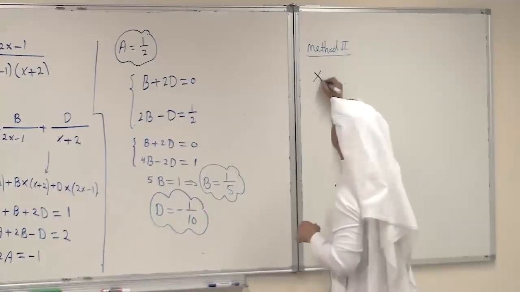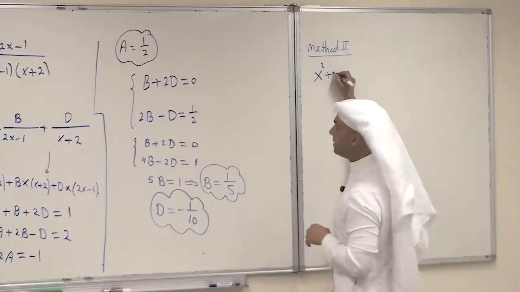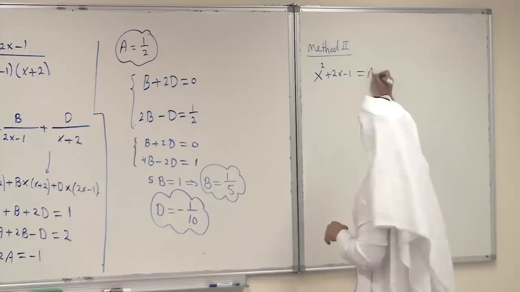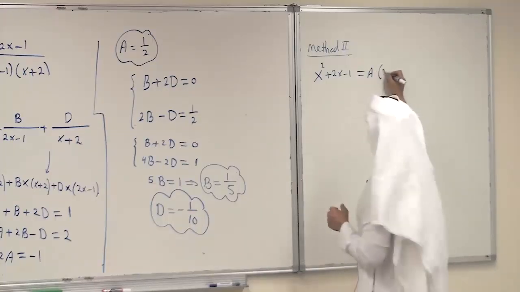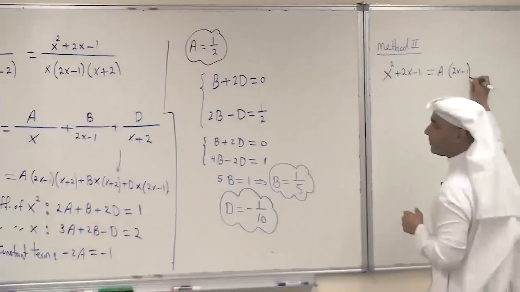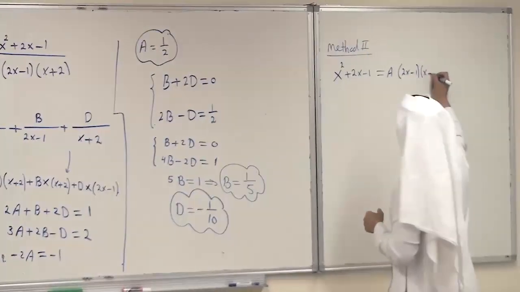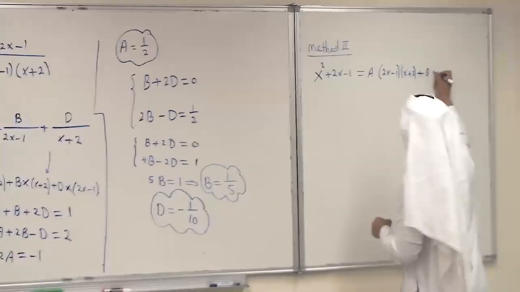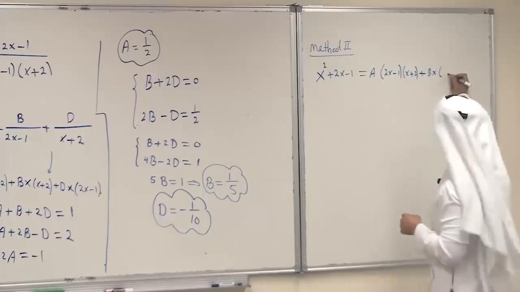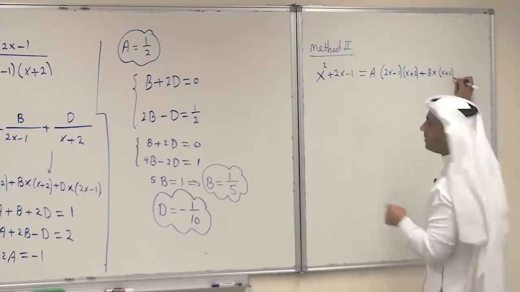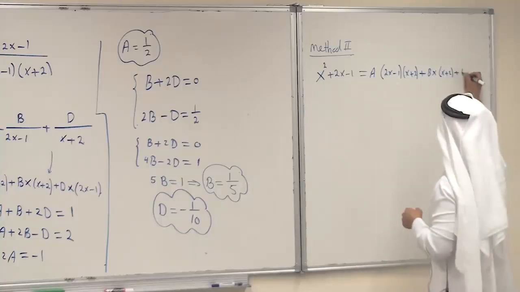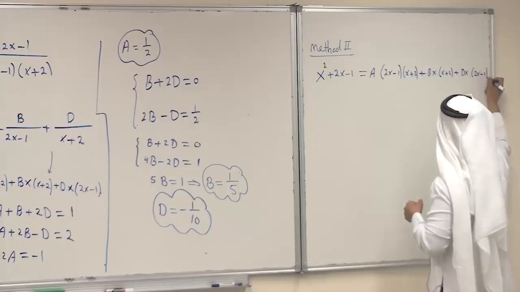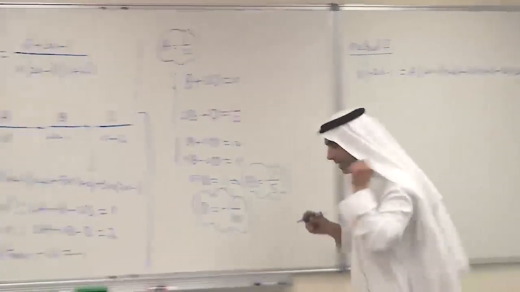I will have it here, x squared plus 2x minus 1 equal to A times 2x minus 1 as it is written before times x plus 2. I'm trying to copy the same thing here. Plus B times x times x plus 2. Okay, and then finally we have plus dx times 2x minus 1. That's exactly what we had in the first or the second line here.